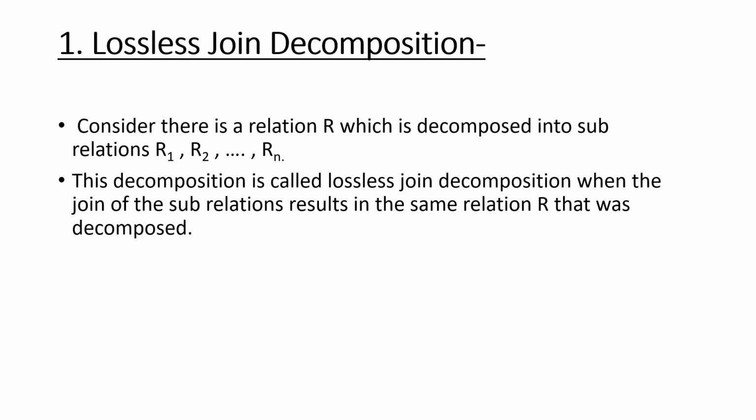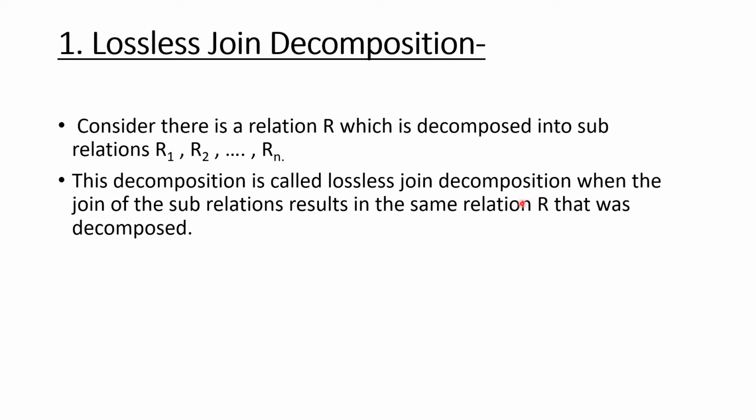Consider a relation R which is decomposed into sub-relations R1, R2 up to Rn. This decomposition is called lossless join decomposition when the join of sub-relations results in the same relation R that was decomposed.